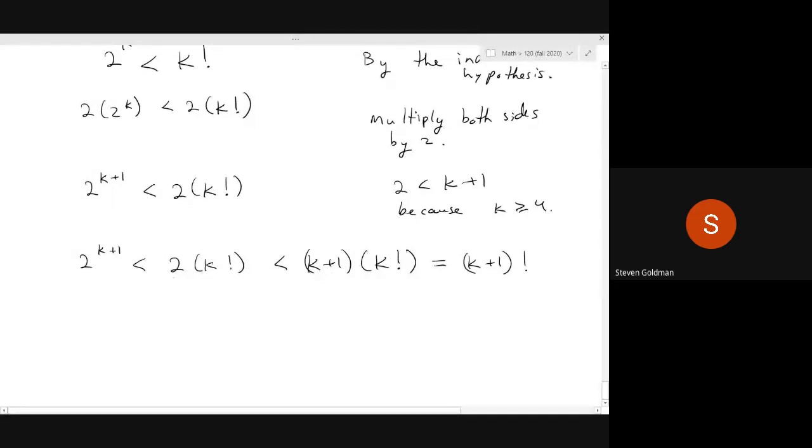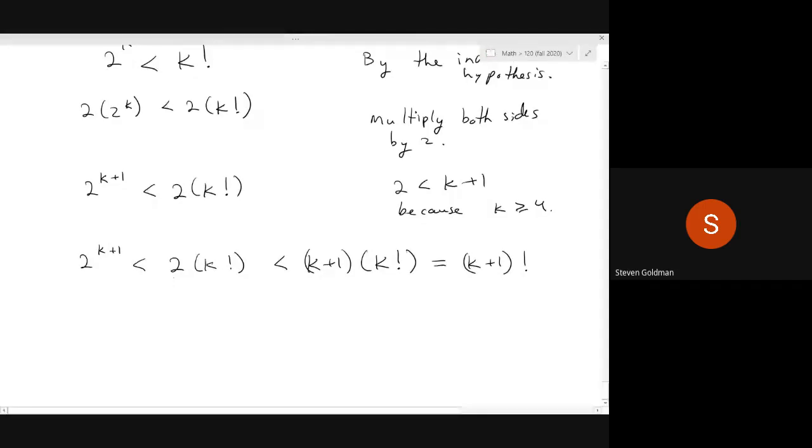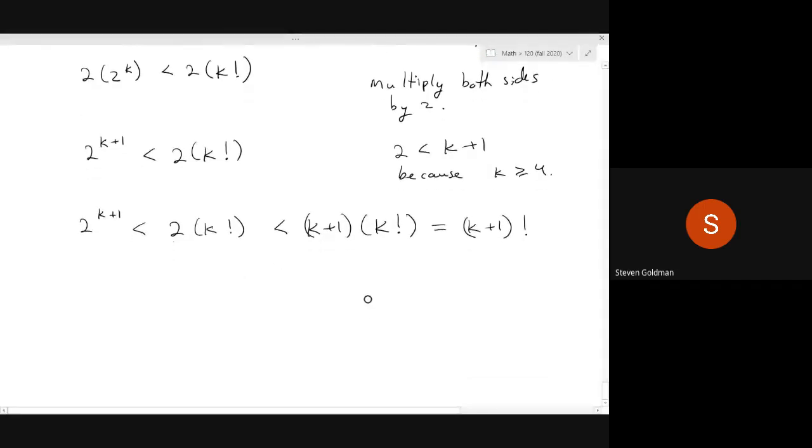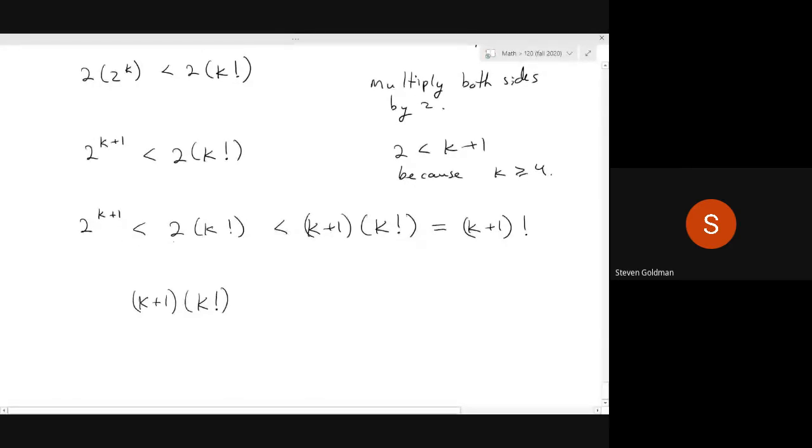Okay, does everyone see that? Would anyone like me to explain why that is? Okay, sure. Let's write this out on the side: k plus 1 times k factorial. What is k factorial?